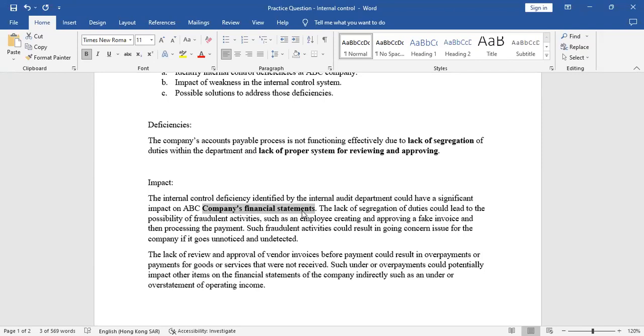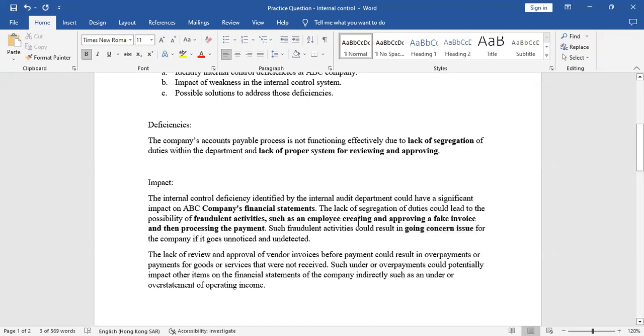Now what happens is, because of lack of segregation of duties, this could lead to possible fraudulent activities, such as an employee creating and approving fake invoices for processing payments, right? And if these fraudulent activities go unnoticed and undetected, they could result in a going concern issue for the business.